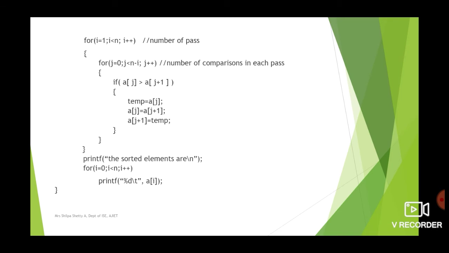To swap we need 3 statements here, that is temp is equal to a of j, a of j is equal to a of j plus 1, and a of j plus 1 is equal to temp. This means, let us take a real world example.